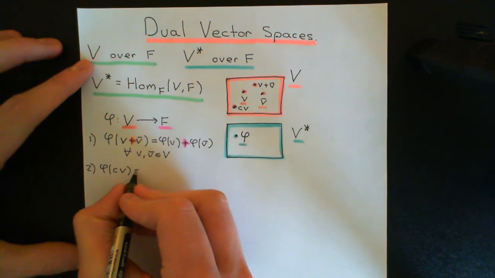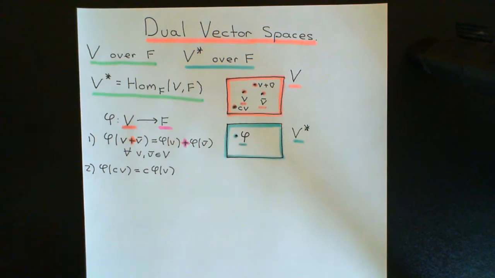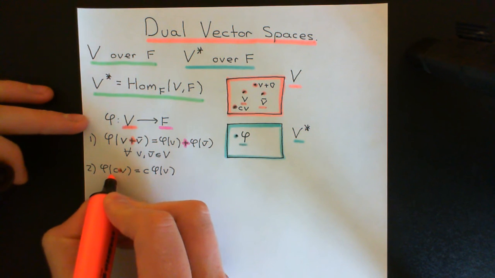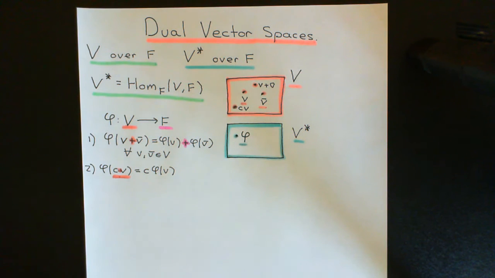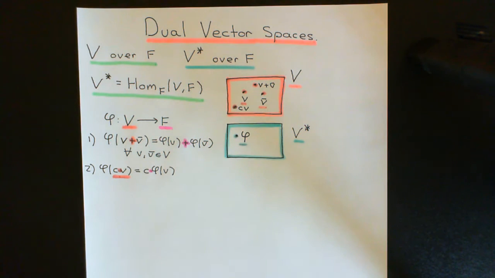Then that must be equal to C times phi of V, and I'll try and put some colour on here as well. So here we are multiplying them together using the scalar multiplication in the vector space. So this is a vector space composition, scalar multiplication in the vector space. Here, this multiplication is in the field. Okay, that's the actual multiplication law in the field.